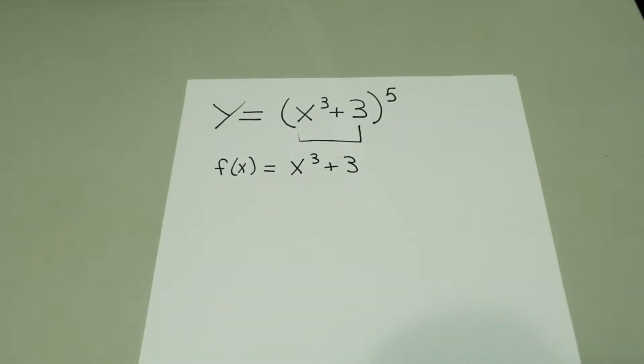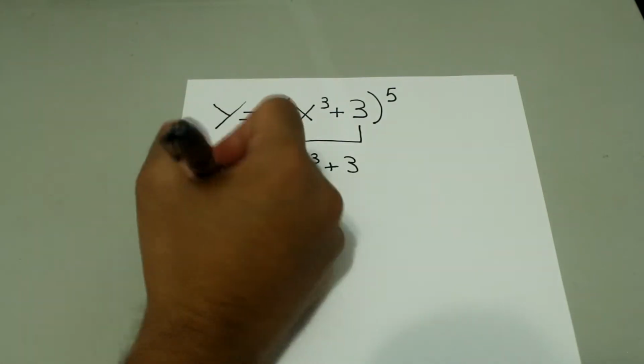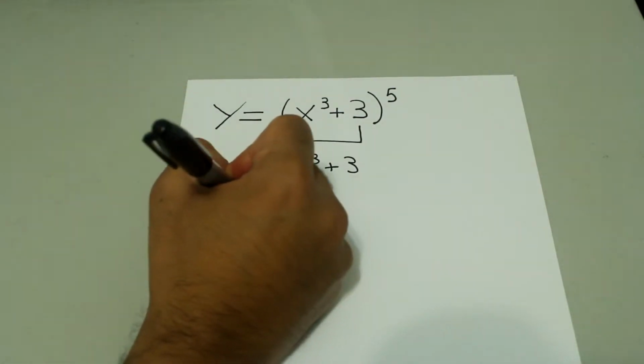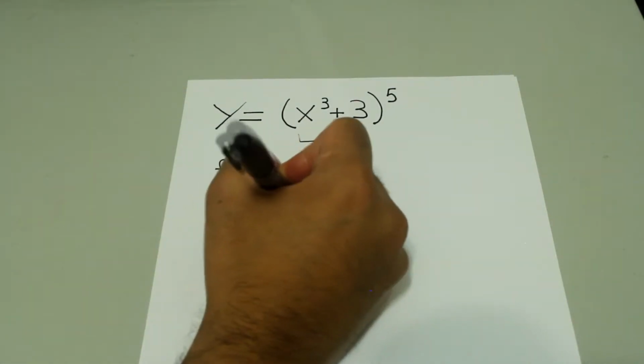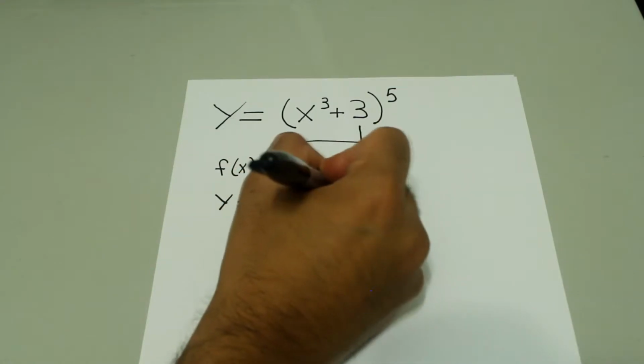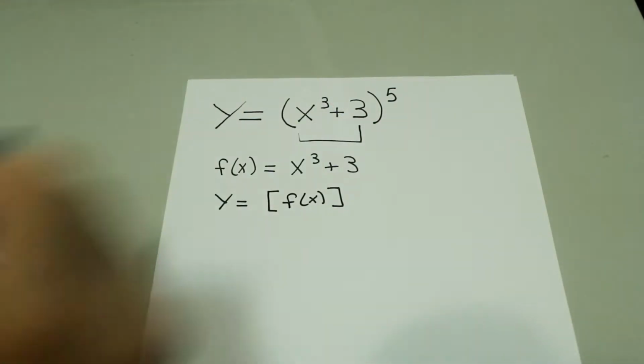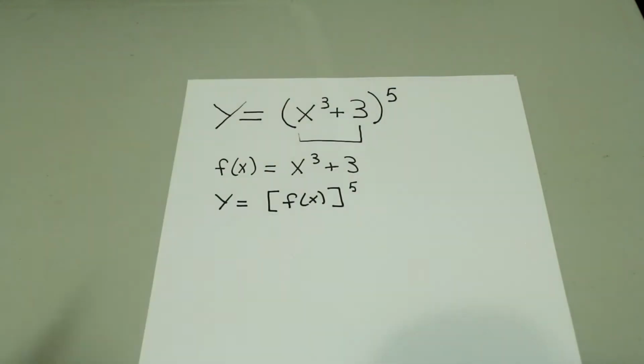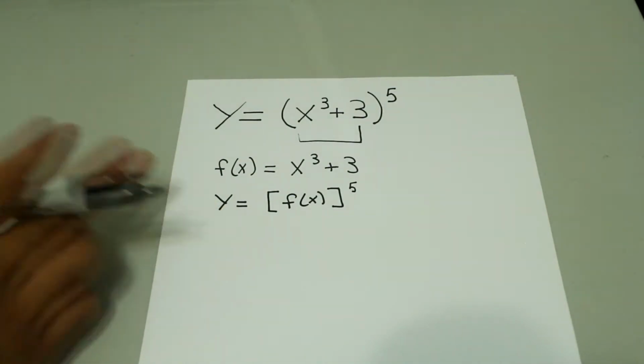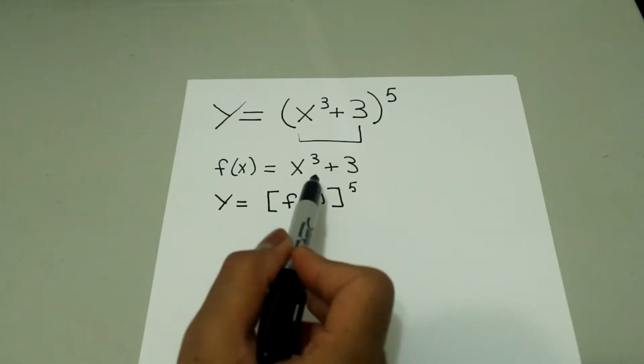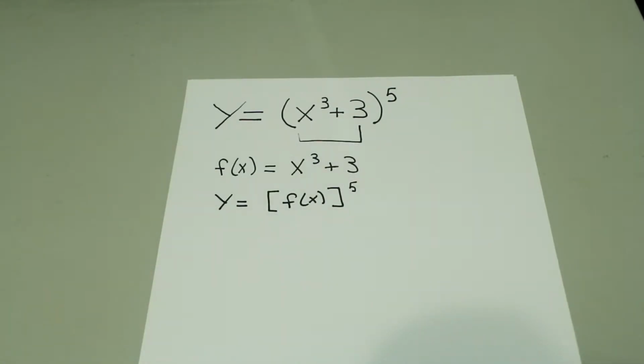But y doesn't equal f of x. y is equal to f of x raised to the 5th power. Now, f of x raised to the 5th power is equal to x cubed plus 3 raised to the 5th power, and that equals y.